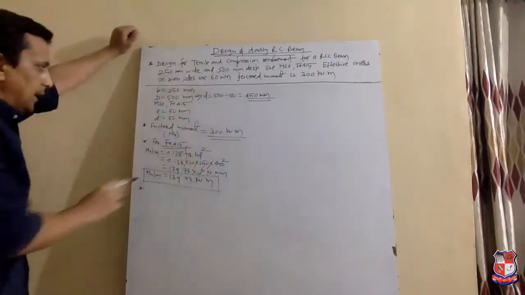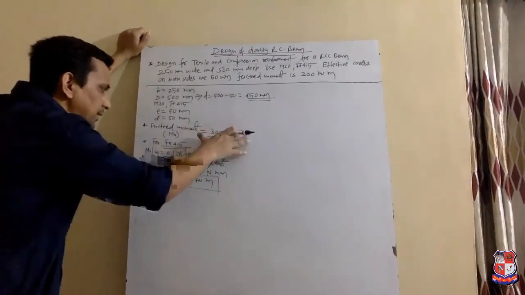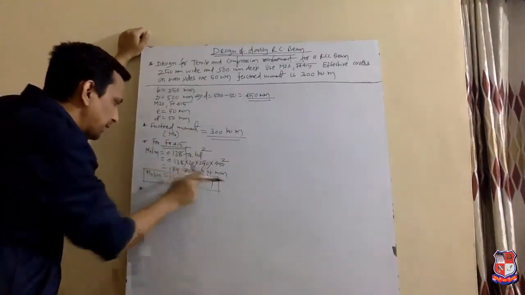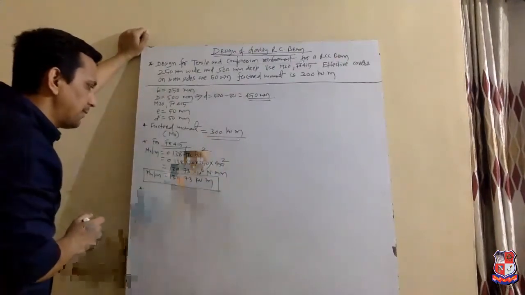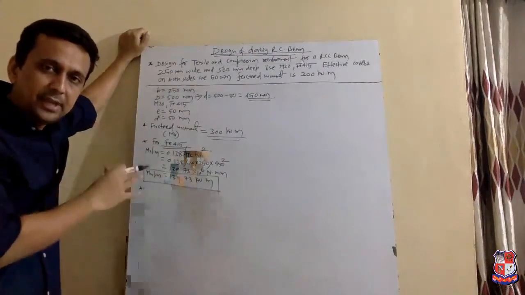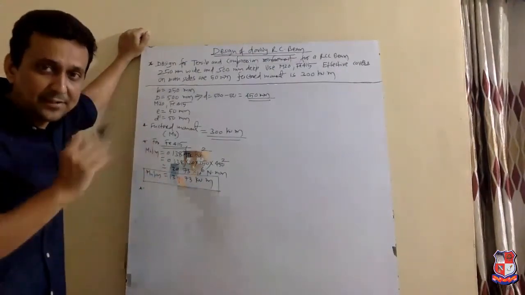See, now what happens here? The moment applied is 300 kilonewton meter, and the limiting moment of resistance is 139.73 kilonewton meter. It means we cannot design the beam as a singly reinforced beam.